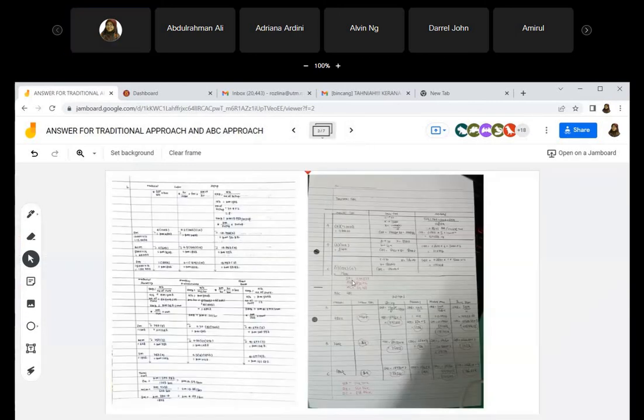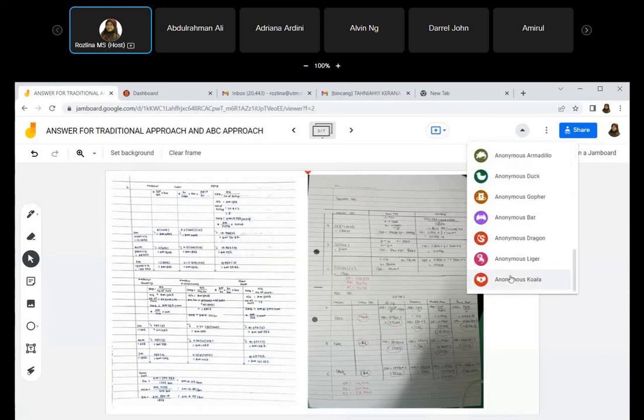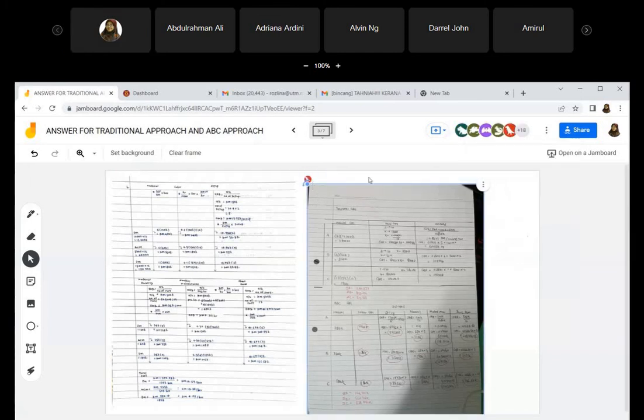Okay, good. This one is from who? Page 3. Where is page 3? This is anonymous dinosaur. Let me see this one for a moment. Okay, I can see it.